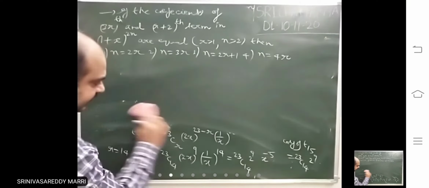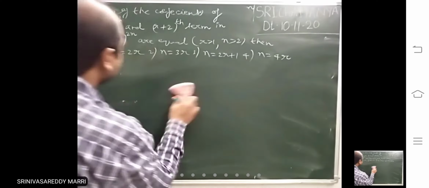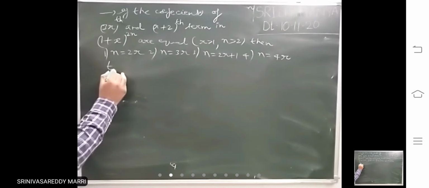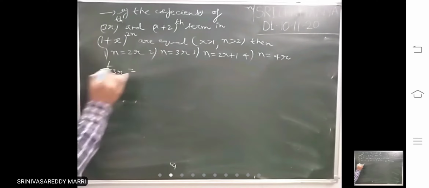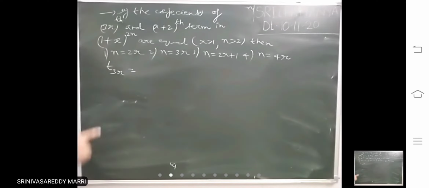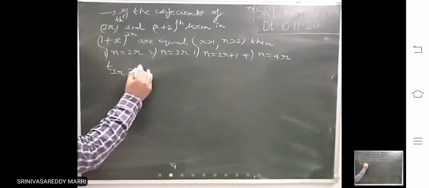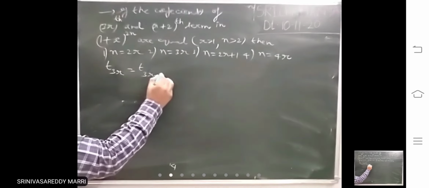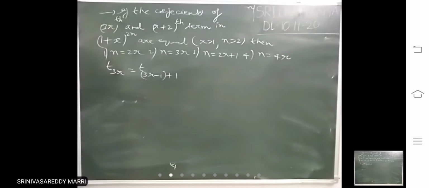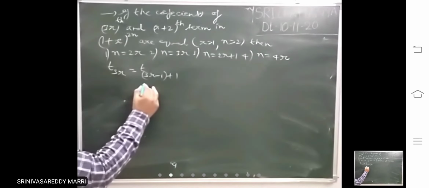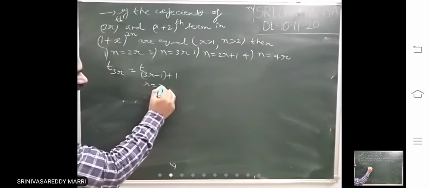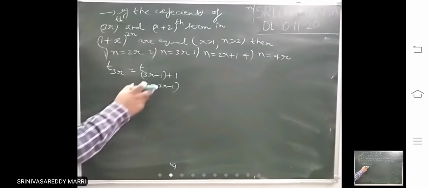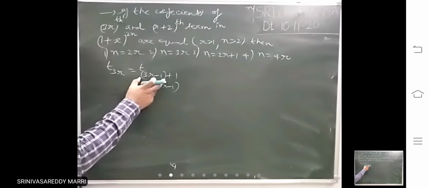Coefficients you have to find out and then equate. Now look at the 3rth term. Whenever you are writing, directly write it in the form Tr plus 1, without writing the general term. That means the 3rth term is Tr plus 1 with r equal to 3r minus 1. In the general term, r is 3r minus 1.